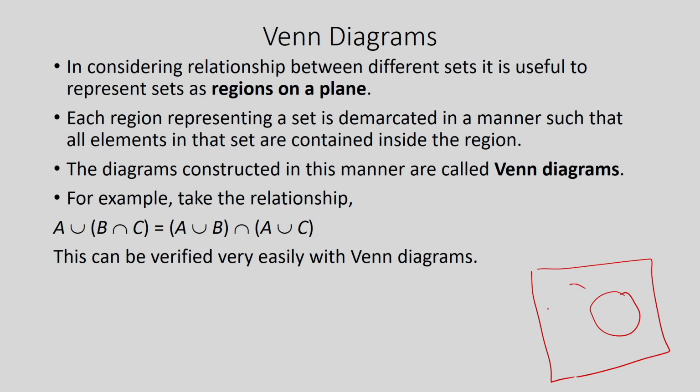So, I can draw another circle and the elements within that circle will be contained in the new set, etc. Each region representing a set is demarcated in a manner such that all elements in that set are contained inside that region. So, you have this region here, all the elements of this set are inside this shaded region, right, and you have this other set and all elements are inside this region.